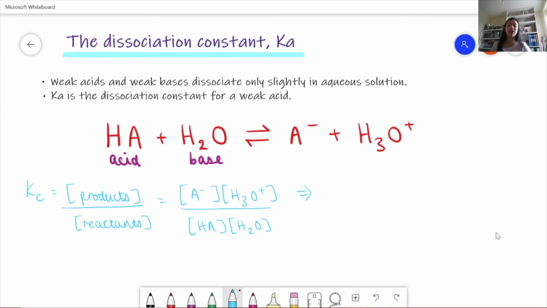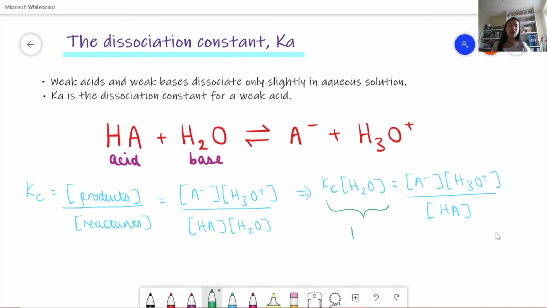And so rearranging this, we get Kc multiplied by the concentration of water is equal to the concentration of A minus multiplied by the concentration of this H3O plus ion and divided by the concentration of HA. And this new constant that we formed is what we call the dissociation constant.